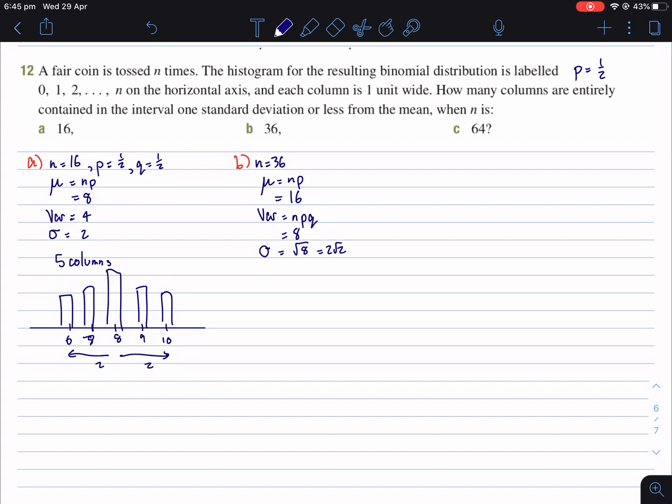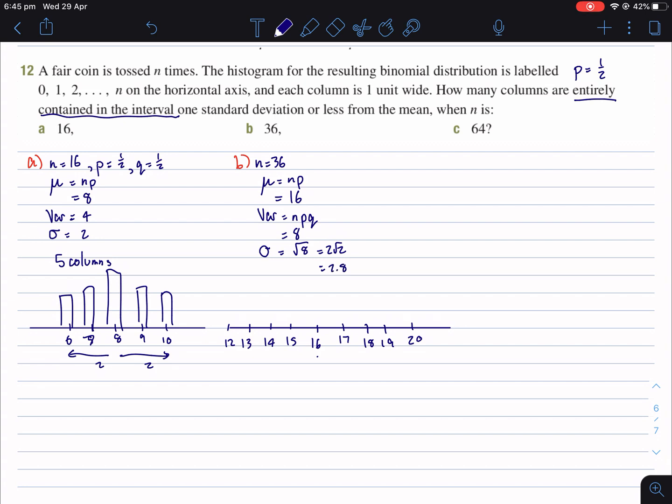Now this time, we would do our thing. Here we've got 16, 17, 18, 19, 20, 15, 14, 13, 12. 2 root 2 is actually 2.8.